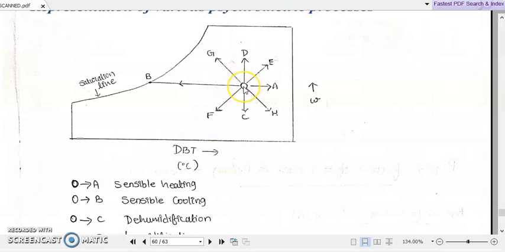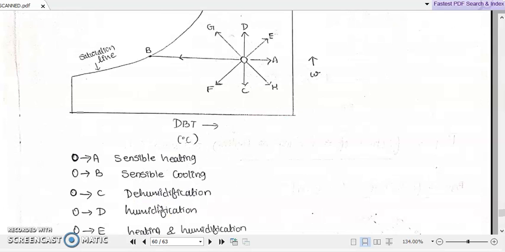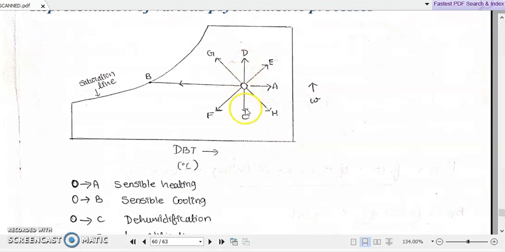So the line O to B represents sensible cooling, that is, the simple cooling of the atmospheric air without any change to the water vapor content or the moisture content.